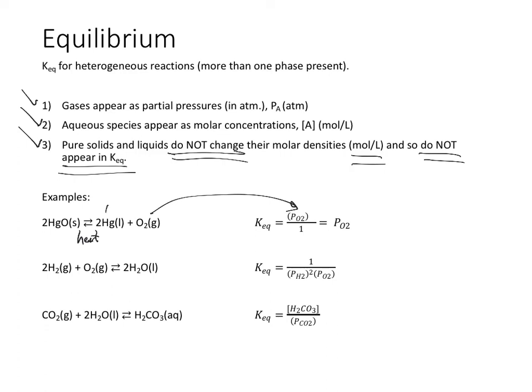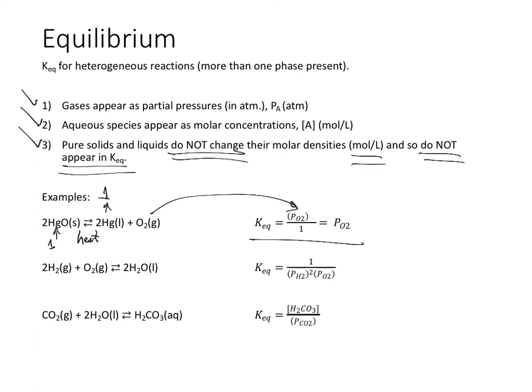This is a pure liquid; its concentration is going to be constant. This is a pure solid; its concentration is going to be constant. And we simply put in a 1. So the equilibrium constant for this reaction is going to be the pressure of O2 times 1 divided by 1, or simply the pressure of O2.